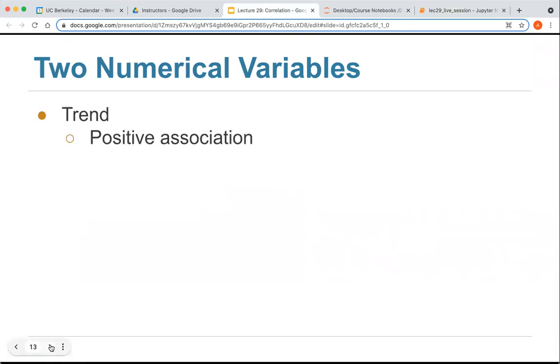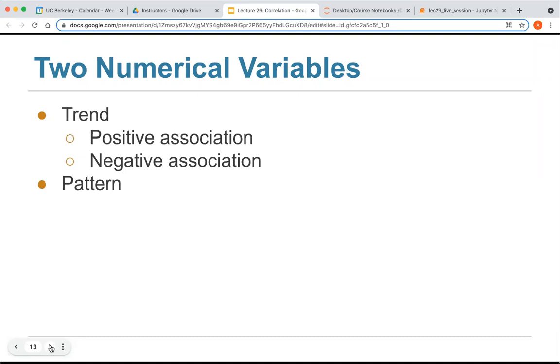So association is any link between two variables. If you have two numerical variables, there's trend, which can go positive or negative. Trend is an upwards or downwards slope to your scatter diagram.